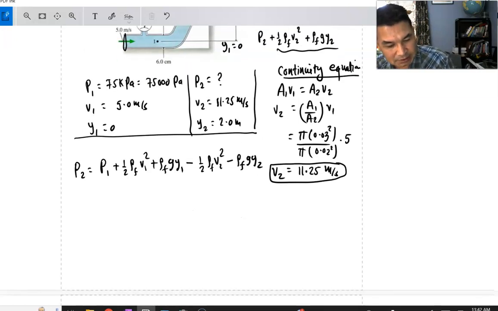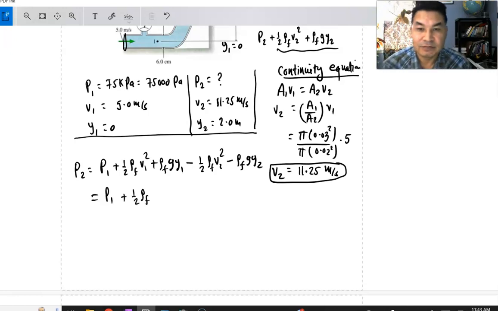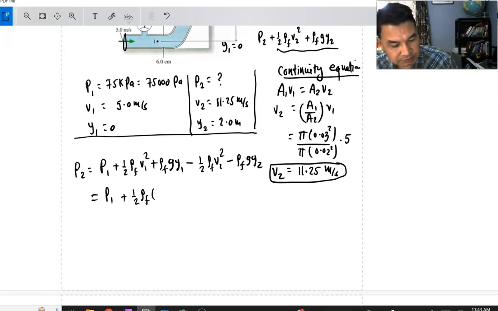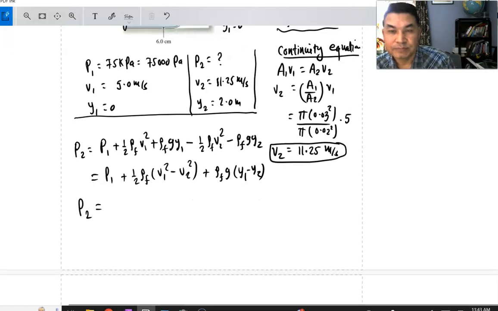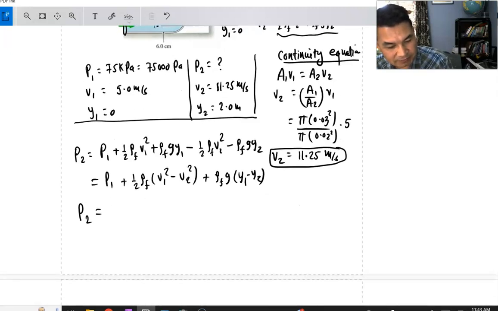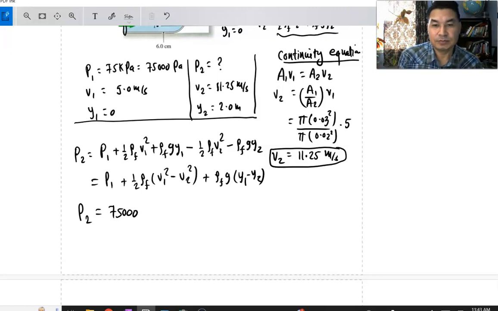Let's make it a little simpler, because these are common. You can factor out 1/2 the density of the fluid, which is a common factor, and do V1 squared minus V2 squared. Same thing for the potential energy part, Y1 minus Y2. Now you can put in all the numbers to get P2. P1 is 75 kilopascals, which is 75,000; you must convert kilopascals into pascals.